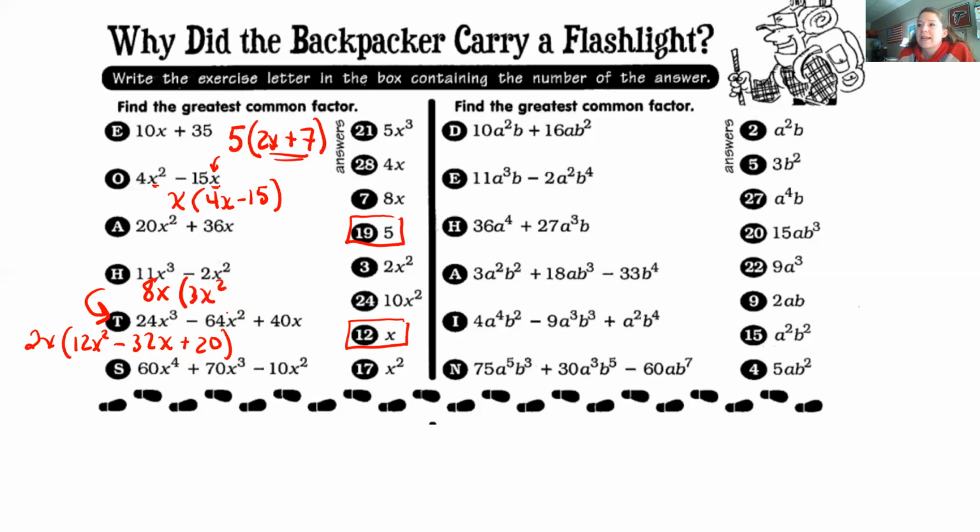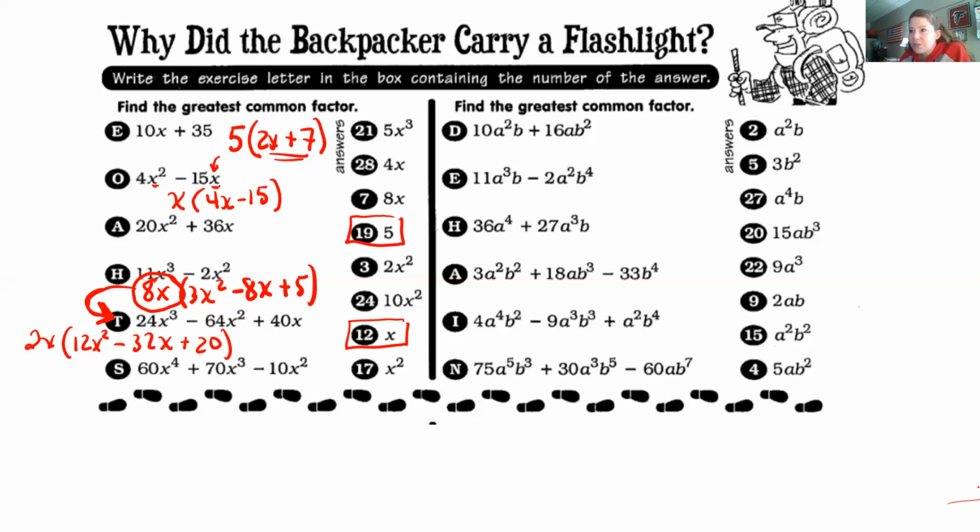Negative 64x squared divided by 8x is minus 8x. And 40x divided by 8x is positive 5. Now look at the numbers in the parentheses. They don't have any other common factor, so I know that 8x was the greatest common factor for letter T, which goes with number 7.